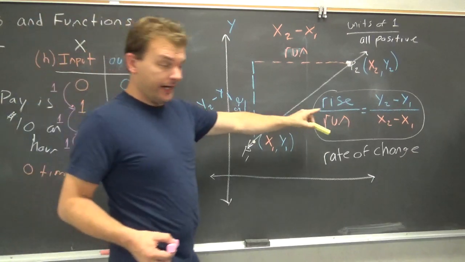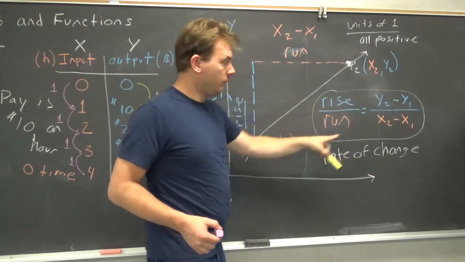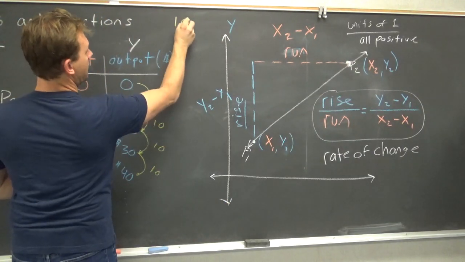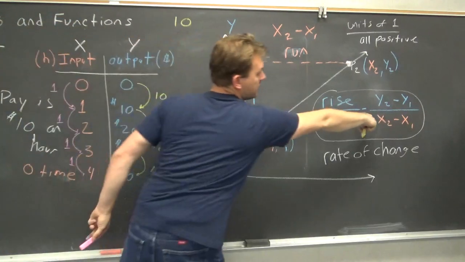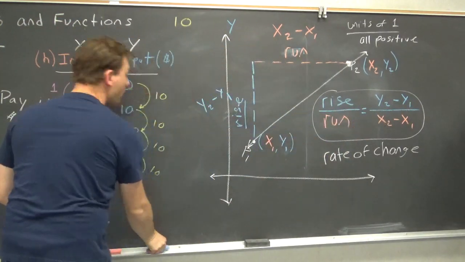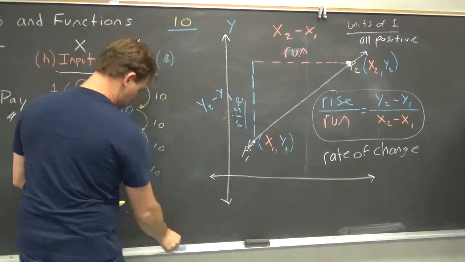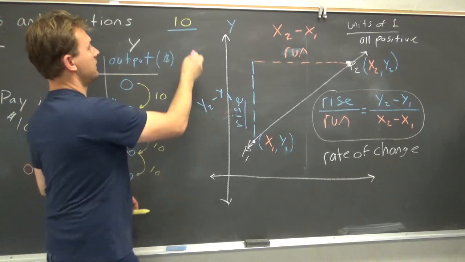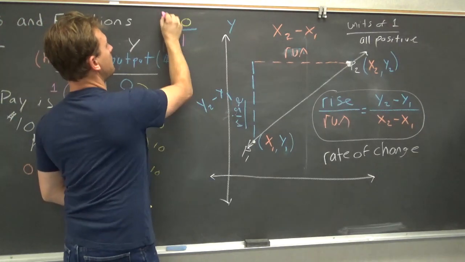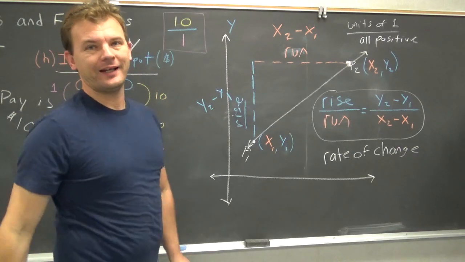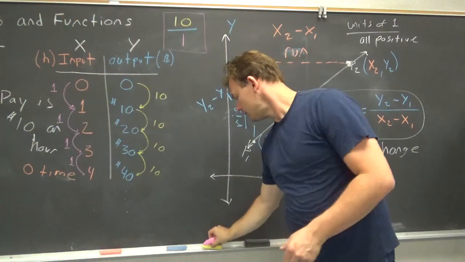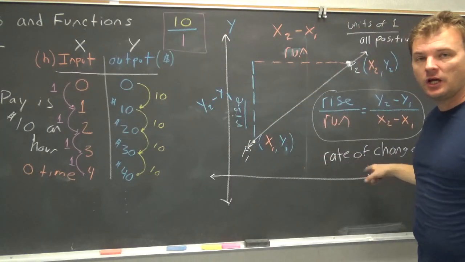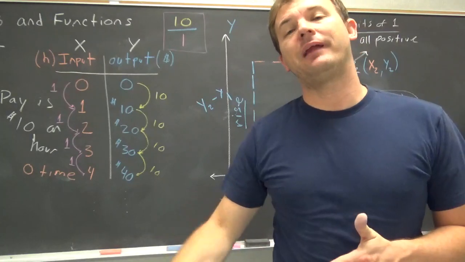So, if you take our equation and do something like this, our y's divided by our differences, you get it. And this is what we call the rate of change. Later, it's going to be called something else.